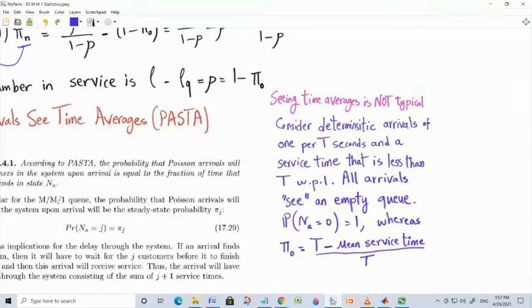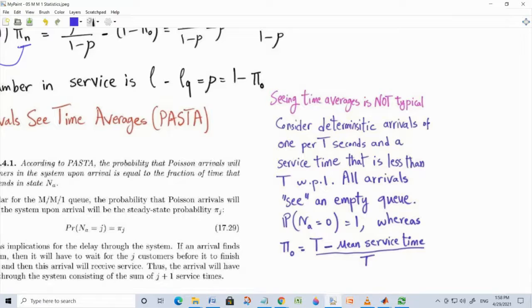Suppose that the service time of a customer is some distribution, perhaps not deterministic, but a distribution that is less than T almost surely. So with probability 1, an arriving customer will be served, and the service time is strictly less than T.